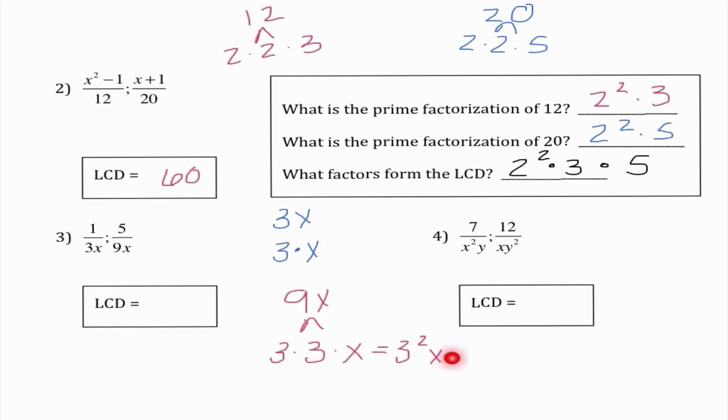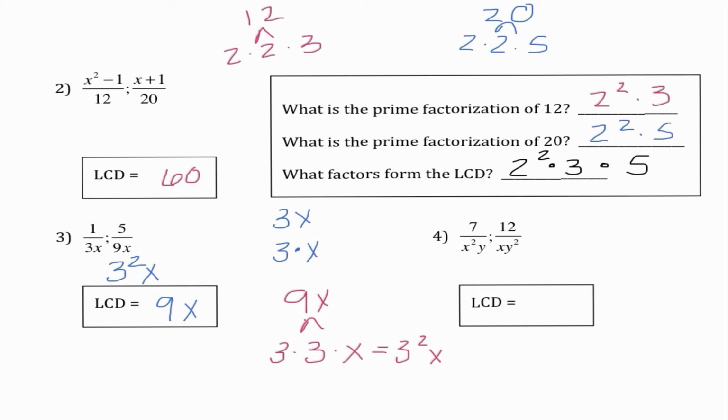So looking at these, I notice we only have 2 bases, 3's and x's. So I know that I'm going to have to take a 3 and I'm going to have to take an x. The highest exponent of 3 is 2, the highest exponent of x is 1. So when I multiply those together, our LCD would be 9x.